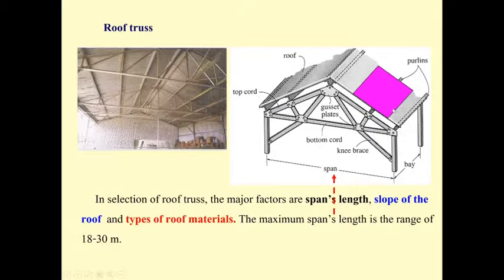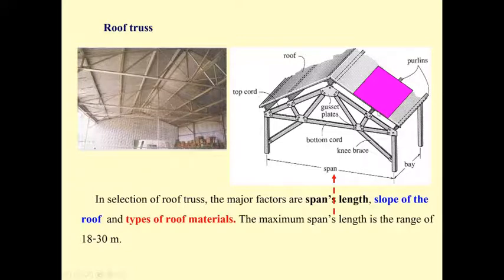So the force from the metal sheet, both dead load, the weight of the metal sheet and the weight of the purlin, and the live load that's maybe from the wind and rain load and construction load, will be distributed uniformly along the purlin, and it's up to the area that the purlin is going to take care of.